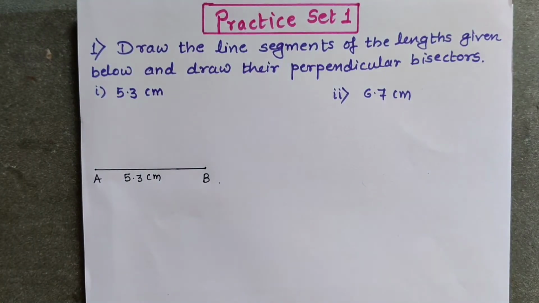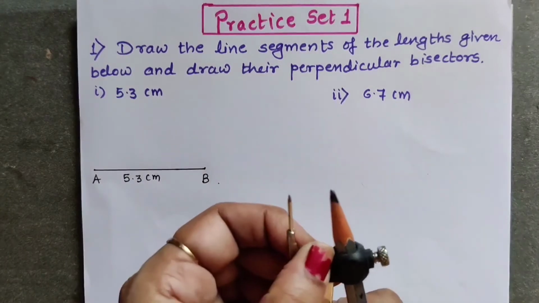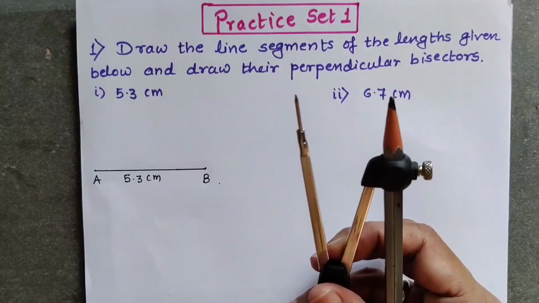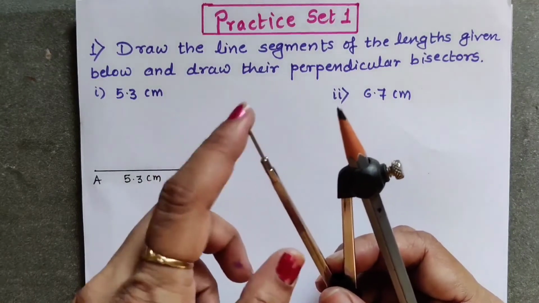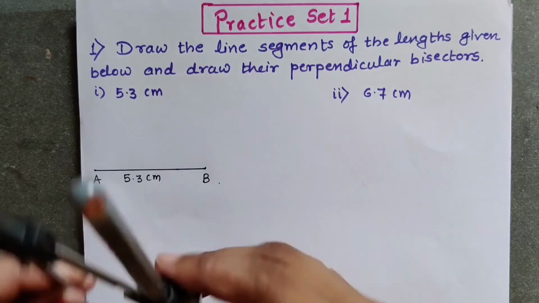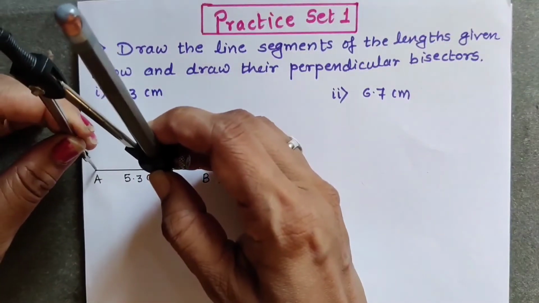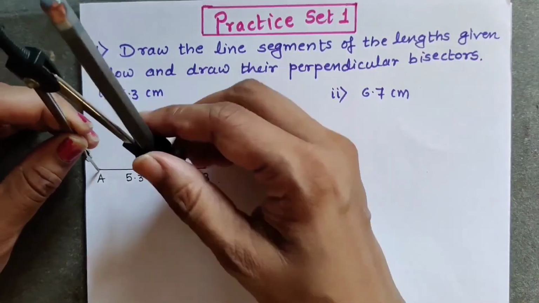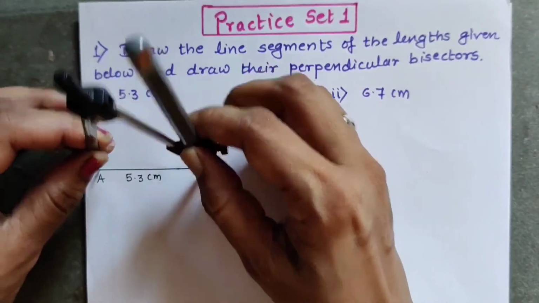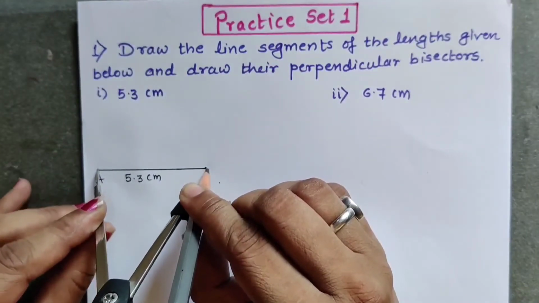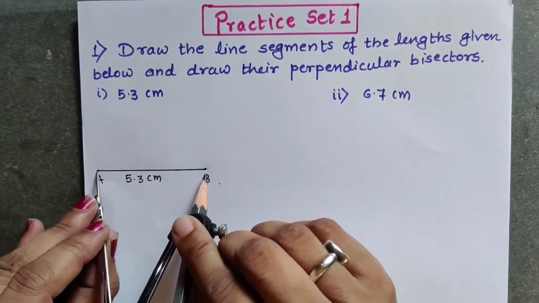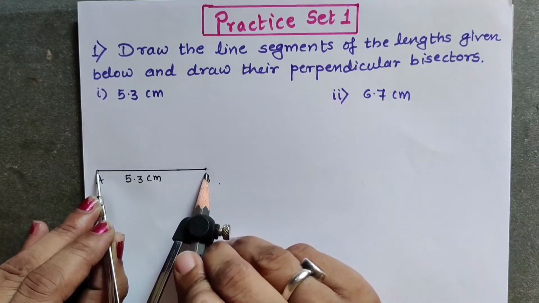Now we will have to draw the perpendicular bisector of this segment AB. For this we will be using our compass, placing this pointer on point A. We will measure this distance AB in our compass, and we just decrease the distance a bit.